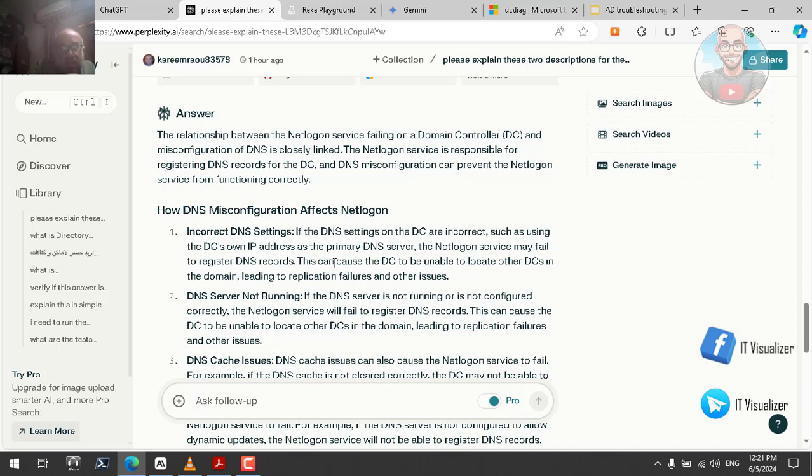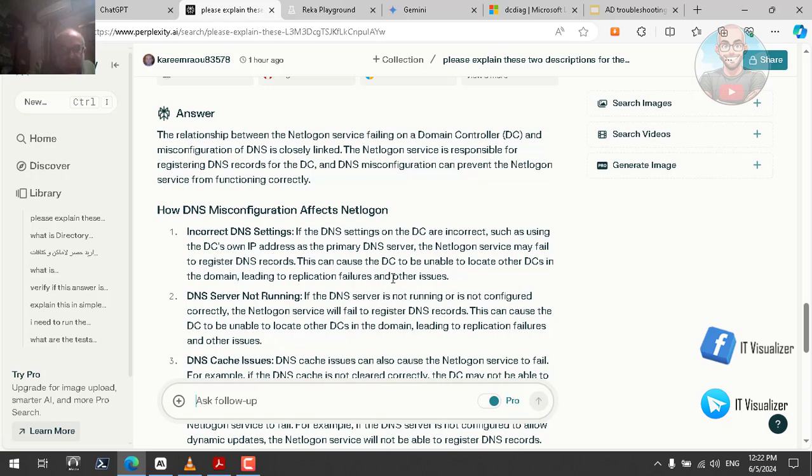So here it is saying that if there is a problem with the configuration of the DNS, Netlogon may fail to register DNS records. That can cause the DC to be unable to locate other DCs. In an indirect way, it's saying that the Netlogon service will not be able to register other domain controllers.